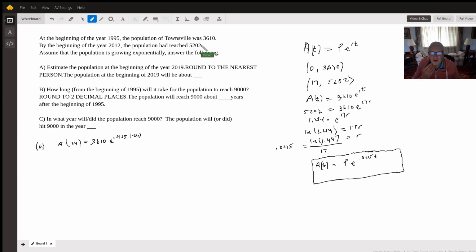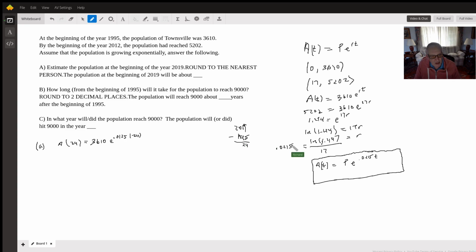So the first part of the question says, what was the population at the beginning of 2019? Well, 2019 minus 1995 is 24 years later.